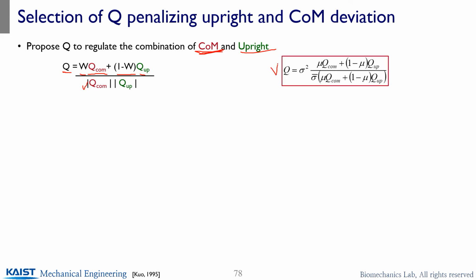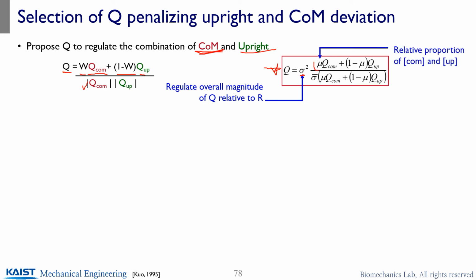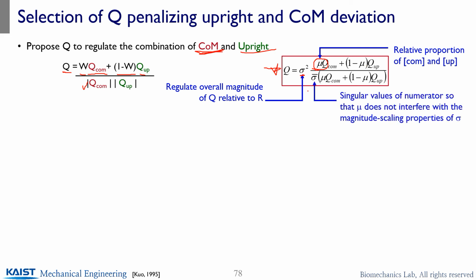So this is the proposal for the penalty Q factor for the LQR. You have a total scaling factor compared to the R matrix, and then a relative weight for the center of mass suppression compared to the upright. And for the numerator, we have normalization with the singular value.